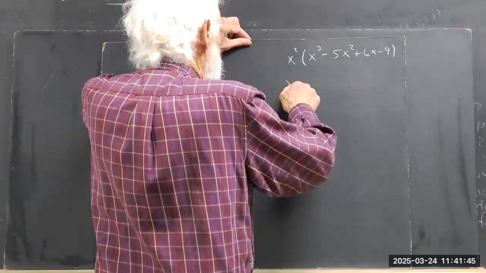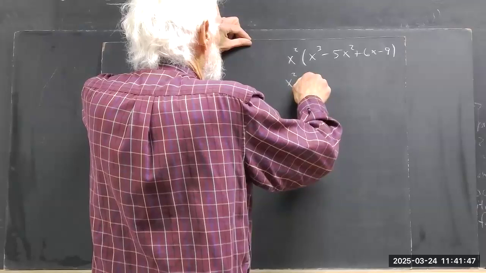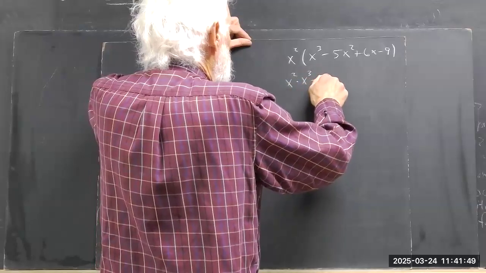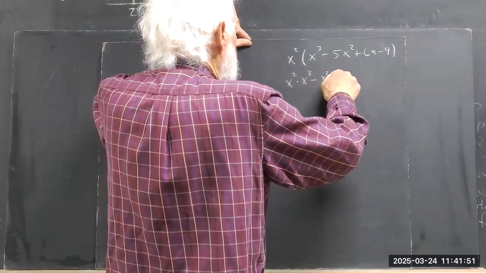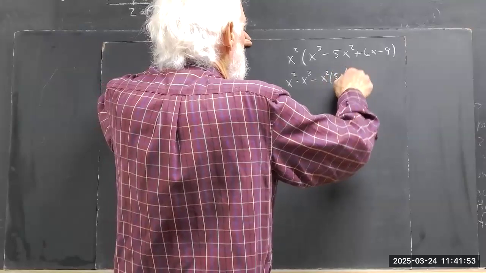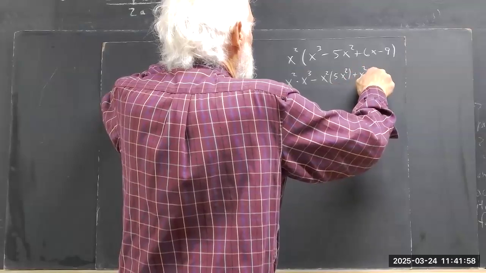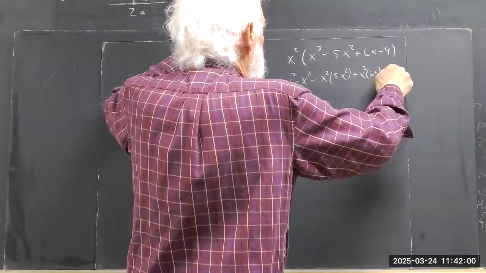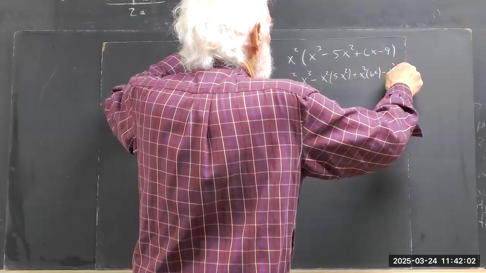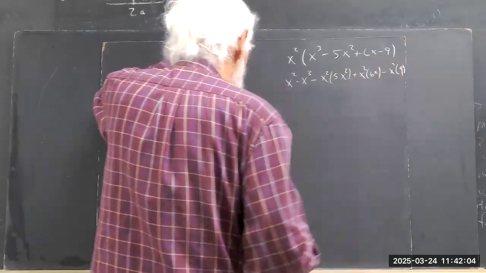What this means is x squared multiplied by x cubed minus x squared multiplied by 5x squared plus x squared multiplied by 6x minus x squared multiplied by 9.